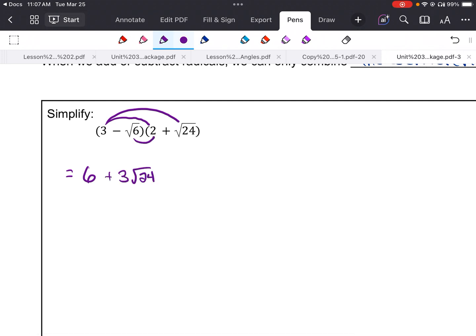Okay, we have our inside, negative root 6 times 2 becomes negative 2 root 6. And our last, where we have negative root 6 times root 24, so negative root 144.